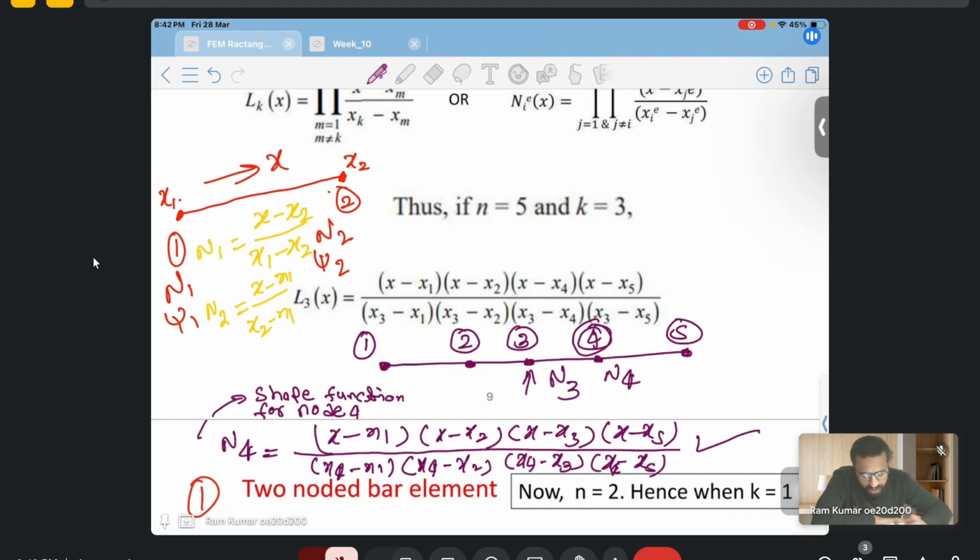Similarly, if I want to find it for node 3, we write x minus x1, x minus x2, we don't write 3, we jump to 4 and 5. In the bottom we write x3 minus x1, x3 minus x2. Then here again we are not going to write x3 minus x3, because if we write x3 minus x3, this will become 0. This is not feasible. Then x3 minus... Oh, Deepak, are you getting it?